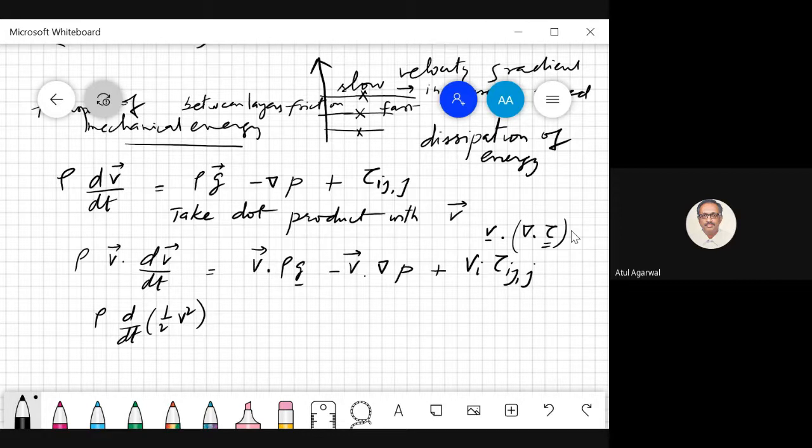So this is nothing but half V dot V. If you take its derivative, you will get this term. Now this is V dot rho G.